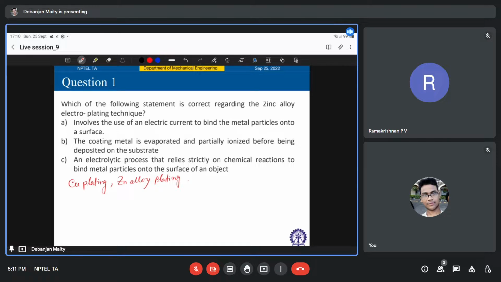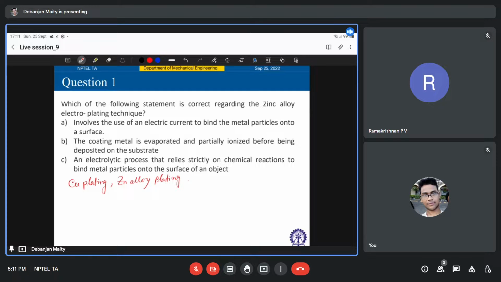The corrosion resistance can be as good as cadmium for zinc alloy electroplating, and it can have better wear resistance than cadmium. And the coating metal is basically evaporated and partially ionized before being deposited on the substrate in ion vapor deposition.